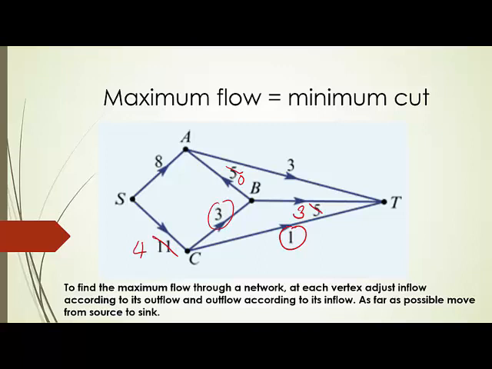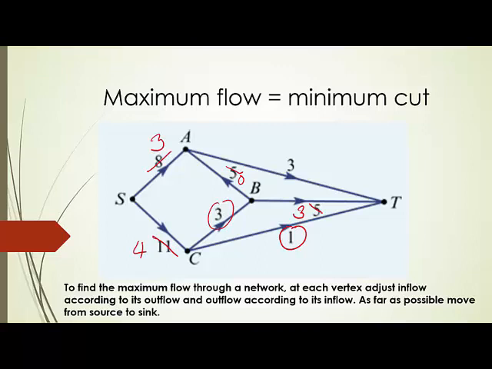So I've changed BA to 0 and BT to 3. Now I've changed SA to 3 because AT is 3 and we can only have 3 coming out of A, so we can only have 3 going in.